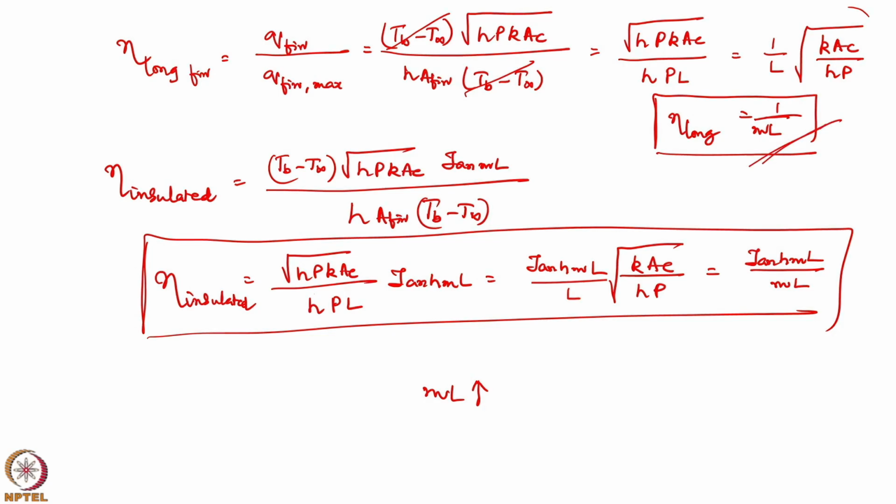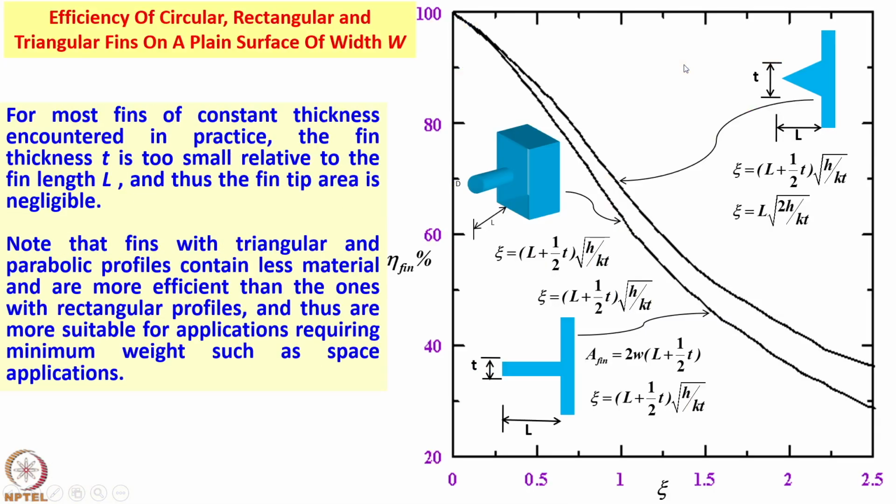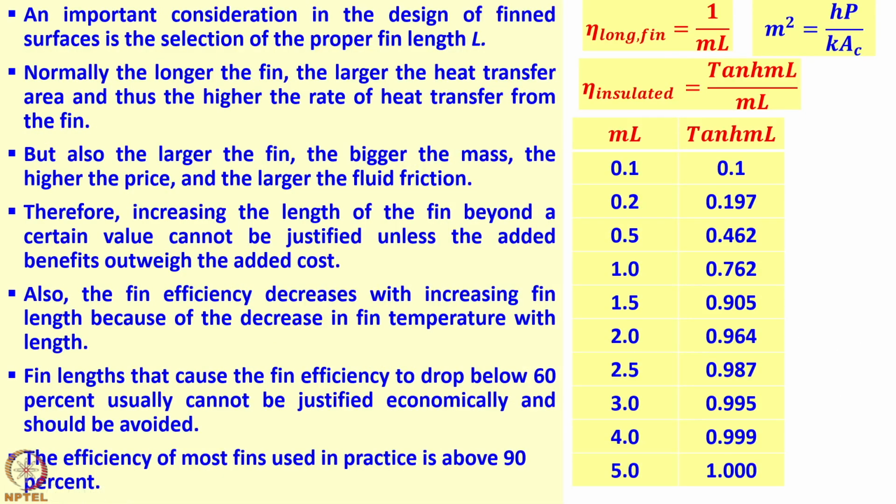So, fin lengths beyond a particular ML you won't use. The efficiency of most of the fins used in practice is around 90%, and you would not like to go for fins beyond that.